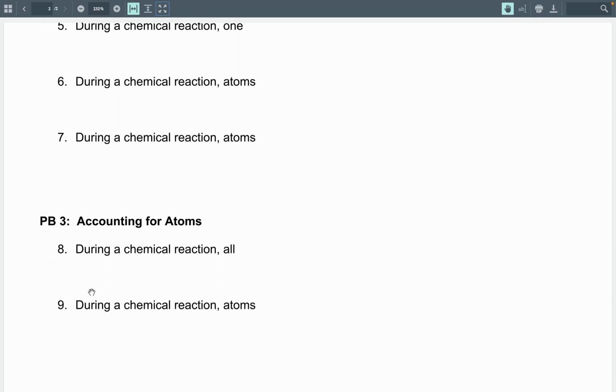Remember, in PB3 or chapter 3, accounting for atoms, these two key concepts have to do with whatever atoms are on the reactant side, then those exact same number and types of atoms have to be over on the product side. And I gave the analogy that when we have a fire drill, I have to account for all of my students when we get outside.